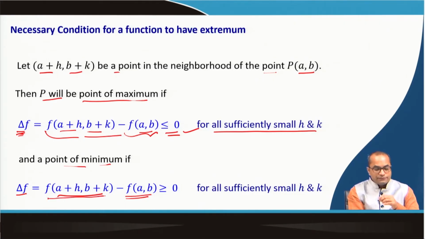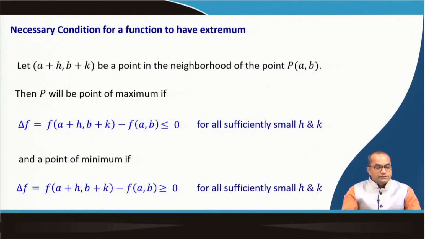So, f(a + h, b + k) minus f(a, b) will be greater than or equal to 0 for sufficiently small h and k, because there exists a neighborhood. This neighborhood may be very small, still we will call it a point of local minimum or maximum.